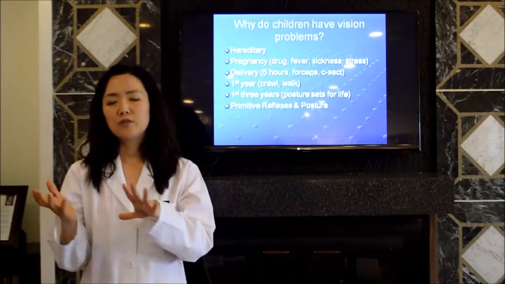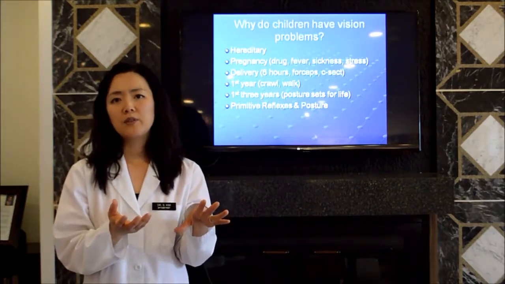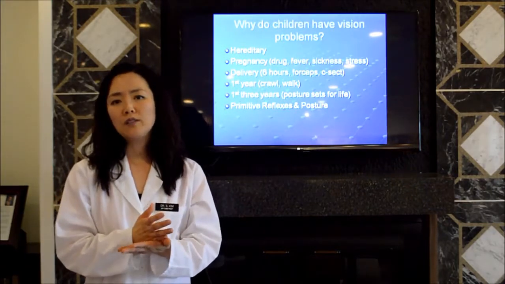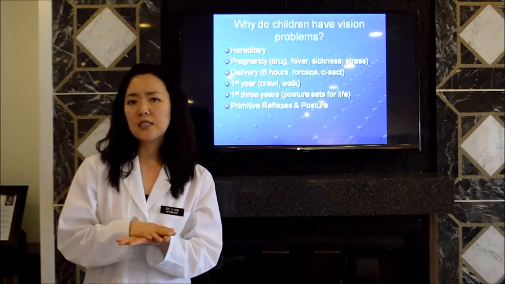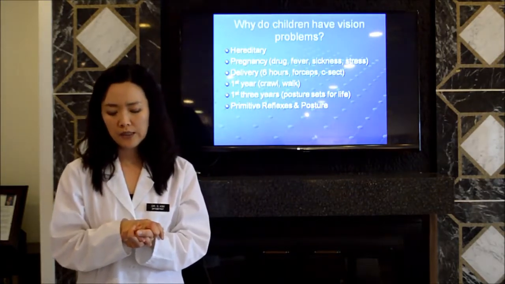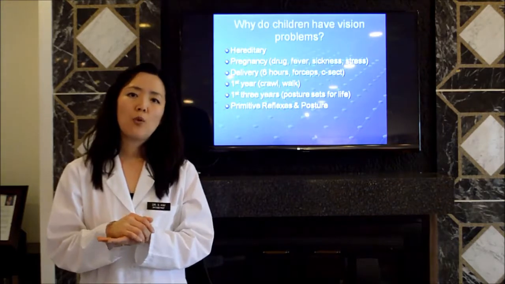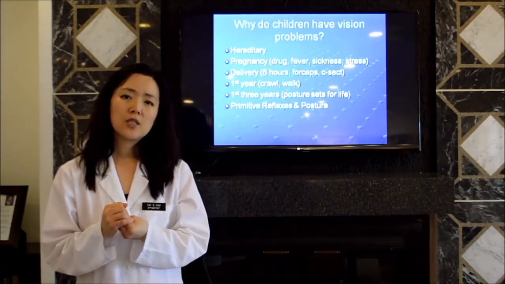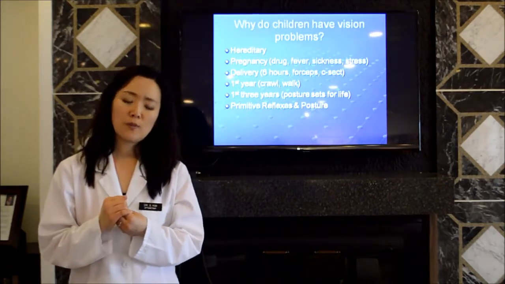And delivery, if it took too long, longer than 6 hours, or less than 6 hours, it can be stressful for the child. And using forceps or the C-section, those can also create some stress from the beginning.